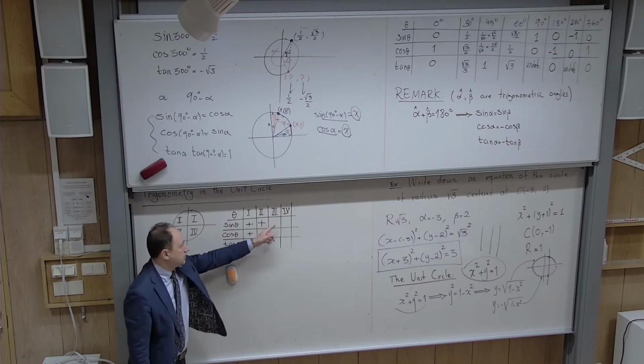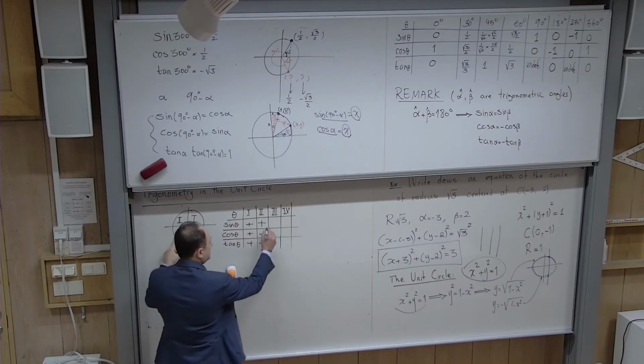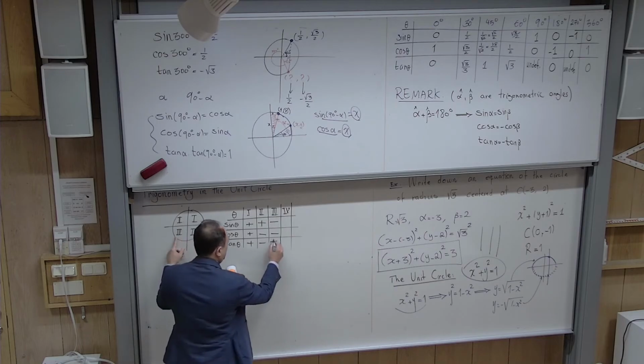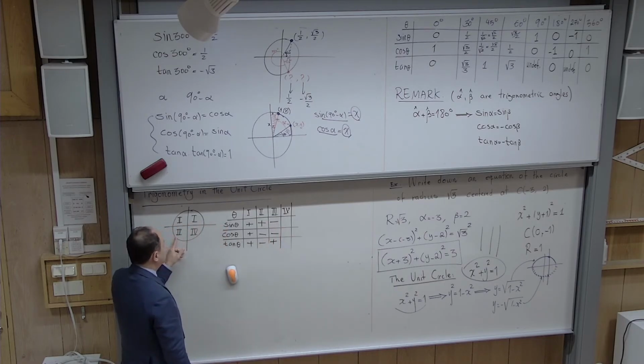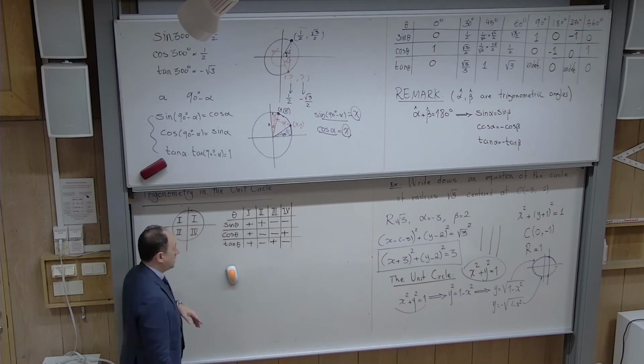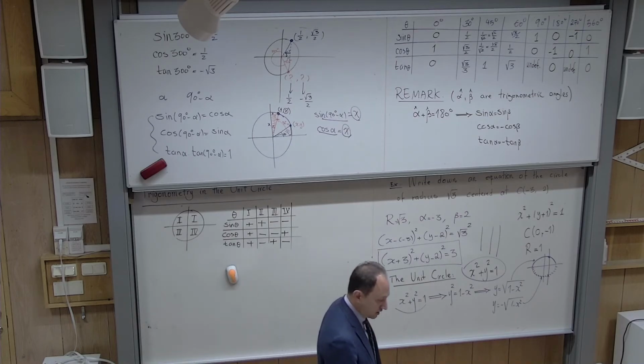So what is in the third quadrant? X and y coordinates are both negative. So then consequently tangent becomes positive. And then number 4, we have negative, positive.